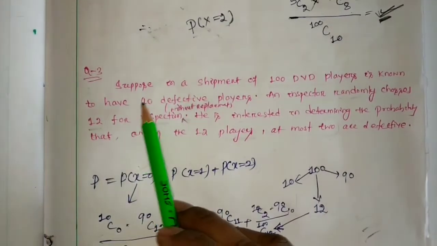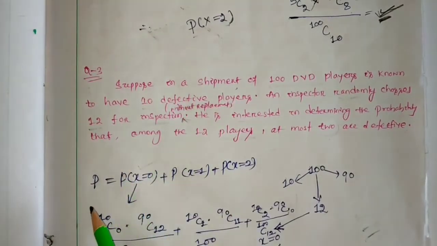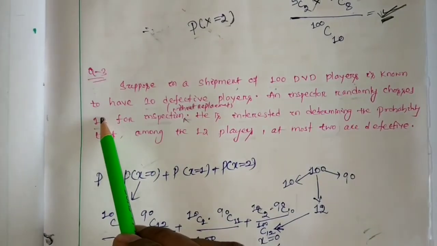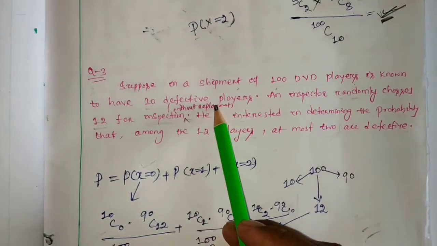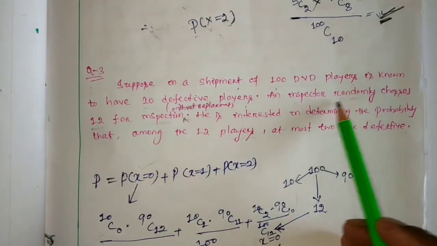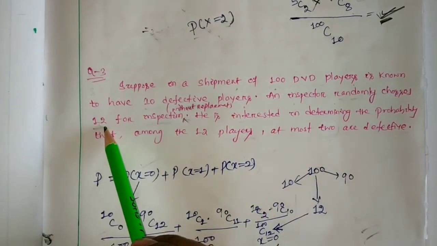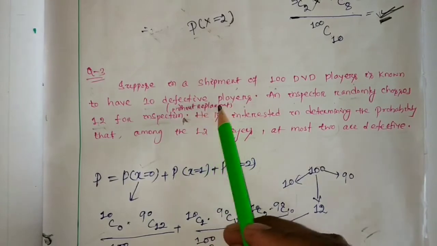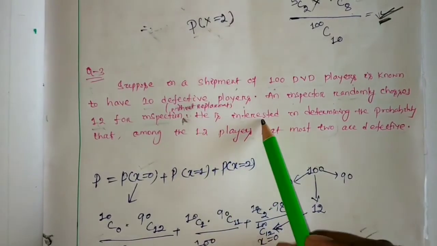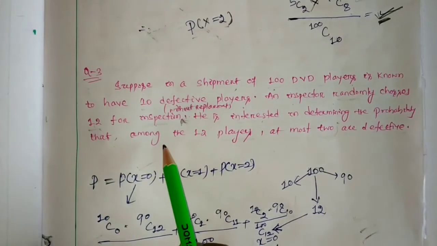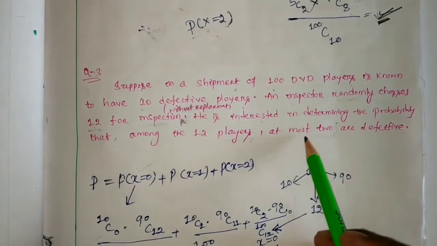Okay, next one is: suppose a shipment of 100 DVD players is known to have 10 defective players. An inspector randomly chooses 12 for inspection without replacement. This is written: without replacement. He is interested in determining the probability that among the 12 players at most 2 are defective.